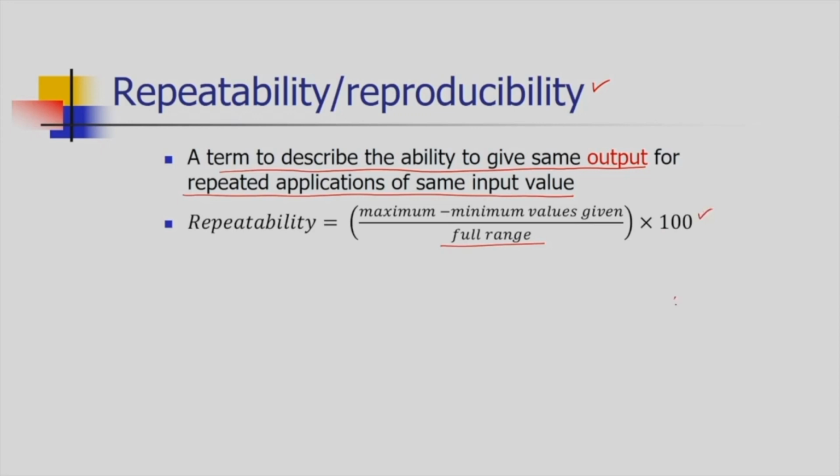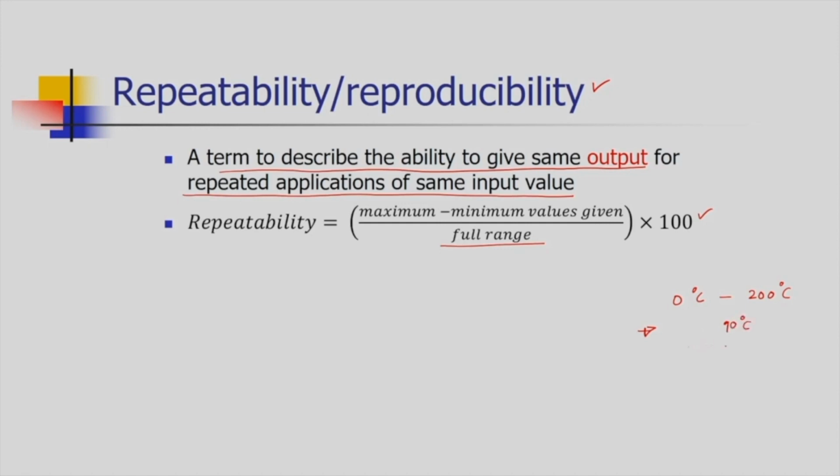So, consider a sensor whose range is 0 degrees Celsius to 200 degrees Celsius, used for an operation in which the temperature to be measured is 90 degrees Celsius.